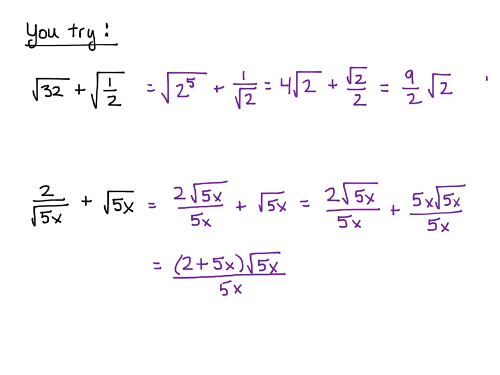Yeah, sorry, do you have a question? Why couldn't you just add the 4 square root 2 and the square root 2 and the other 2? Why can't I just add these? Like, I did. 4 plus 1/2 is 9/2. What did you expect it to look like?